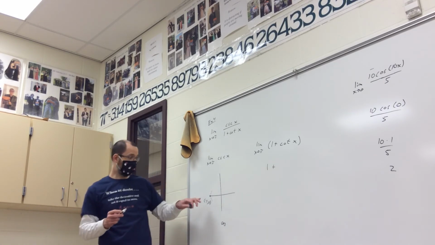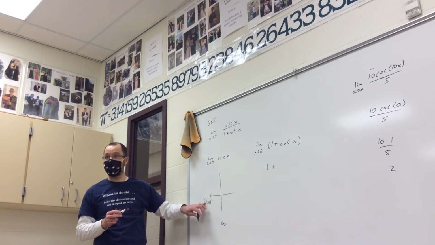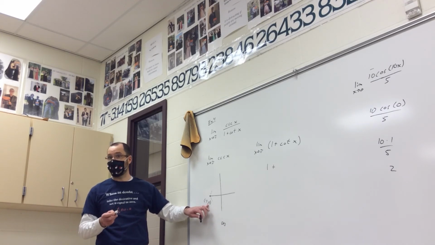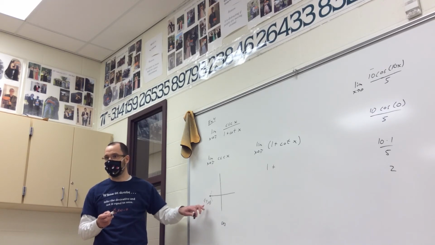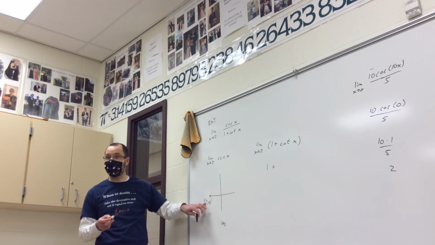So as we get close to pi, we're going to be taking something close to -1 and dividing it by something close to 0. And that's going to get really big. If the bottom is negative, then it's going to get close to positive infinity. If the bottom is positive, it's going to get close to negative infinity. But the point is, something close to -1 divided by something close to 0 is large.